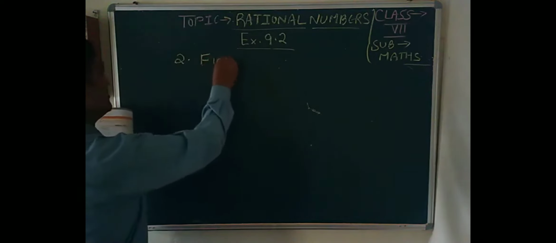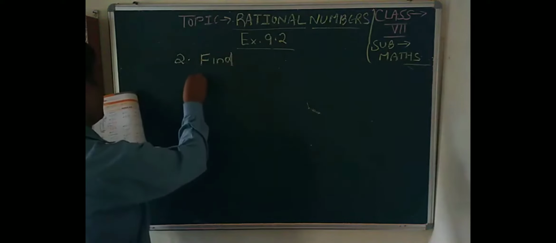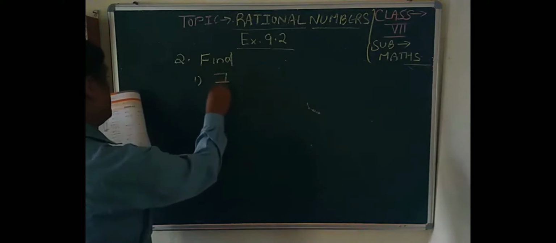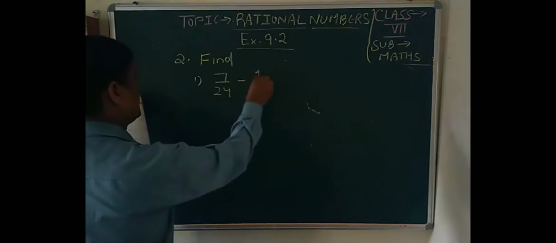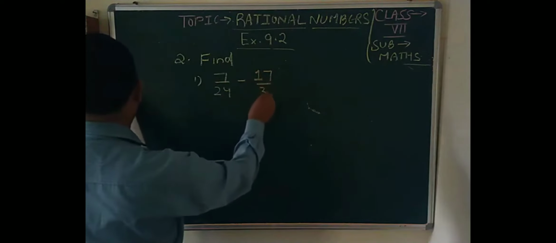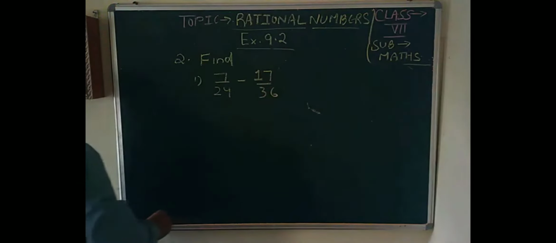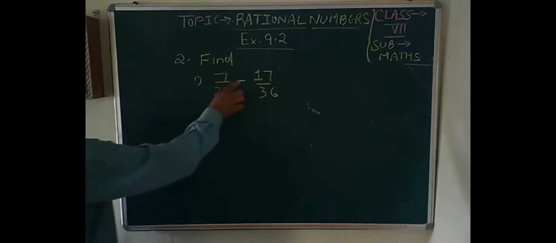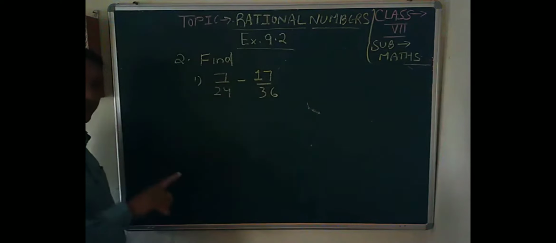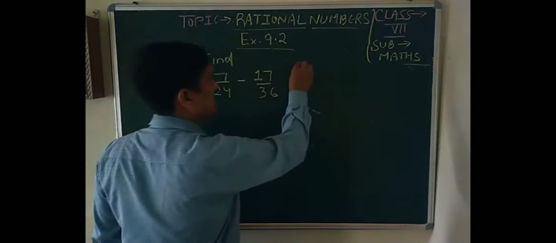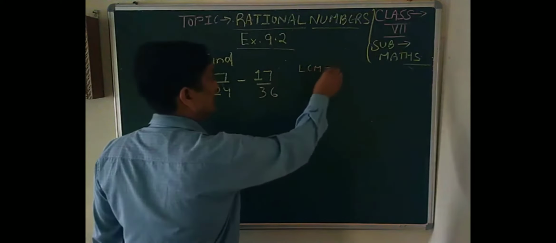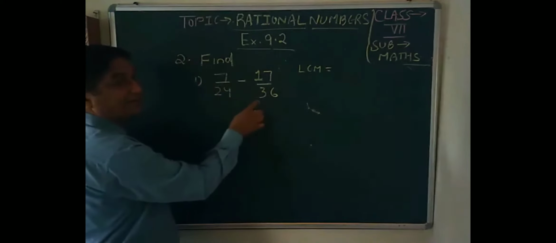Find part A: 7 upon 24 minus 17 upon 36. Now children, here what we have to do? We have to subtract. So children, the steps are the same. First we have to find the LCM if denominators are different.